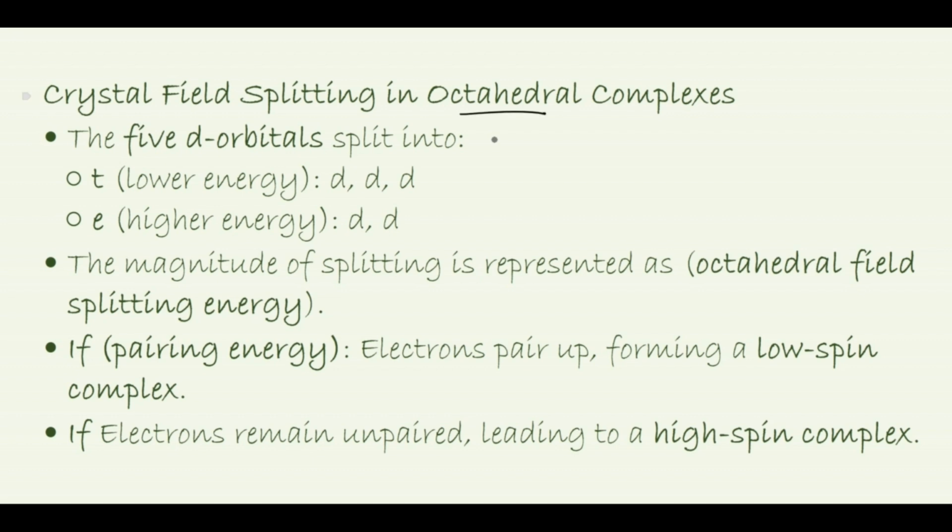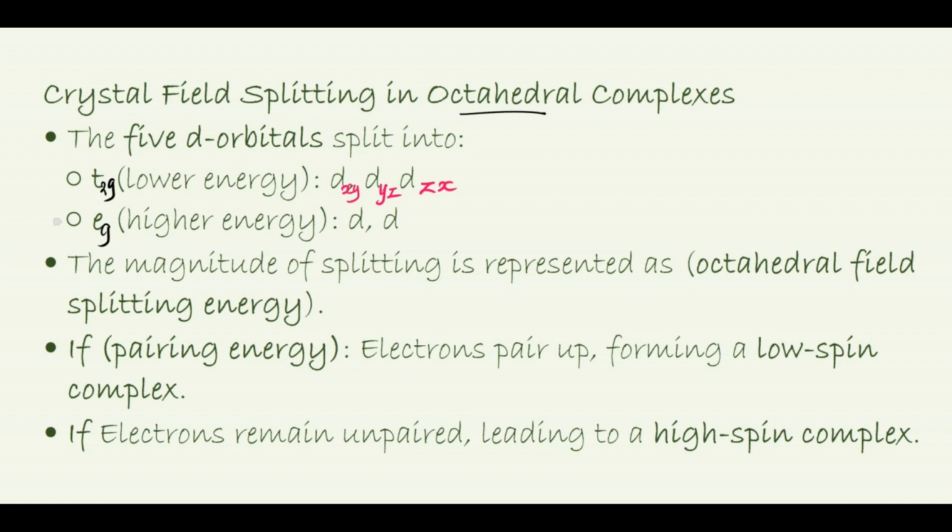So for octahedral complexes, the 5 d orbitals are split into T2g and Eg. T2g means where dxy, dyz, dzx are there.